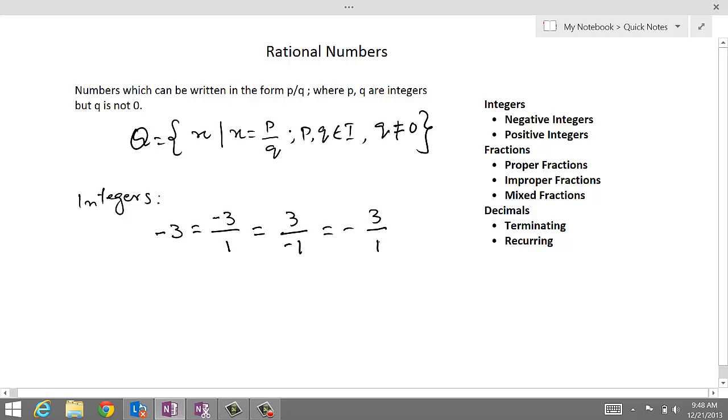In either way, if we take a look here, what is p? P is equal to -3 and q is equal to 1.